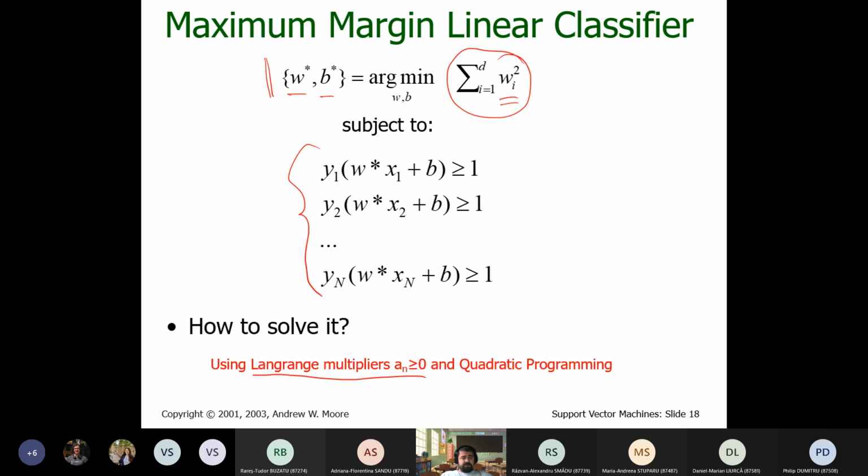Either you take a look at the Bishop book, where I think at the end there is an annex showing you how to use these Lagrange multipliers, or you take a look at the course from maths.